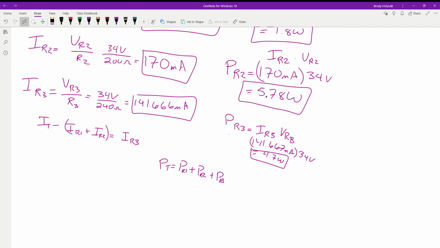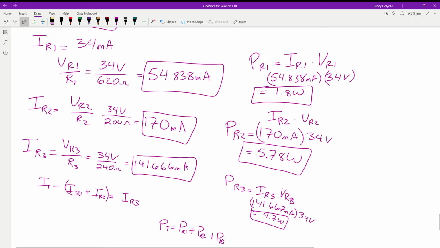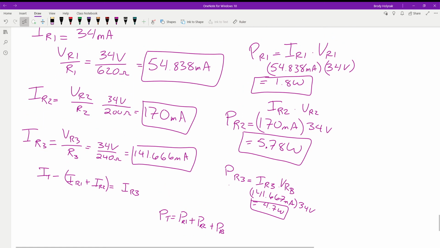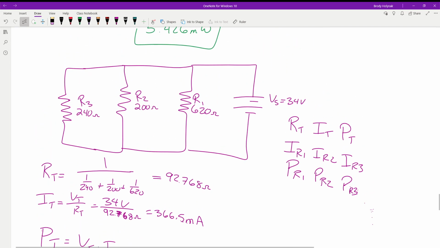So really, with parallel circuits, that's kind of all the heart and soul of them. The biggest thing is whatever is in parallel with each other is going to have the same voltage drop. Like we said with Max's question, if we had multiple resistors in a branch, that entire branch is going to share the combined total of that 34 volts.